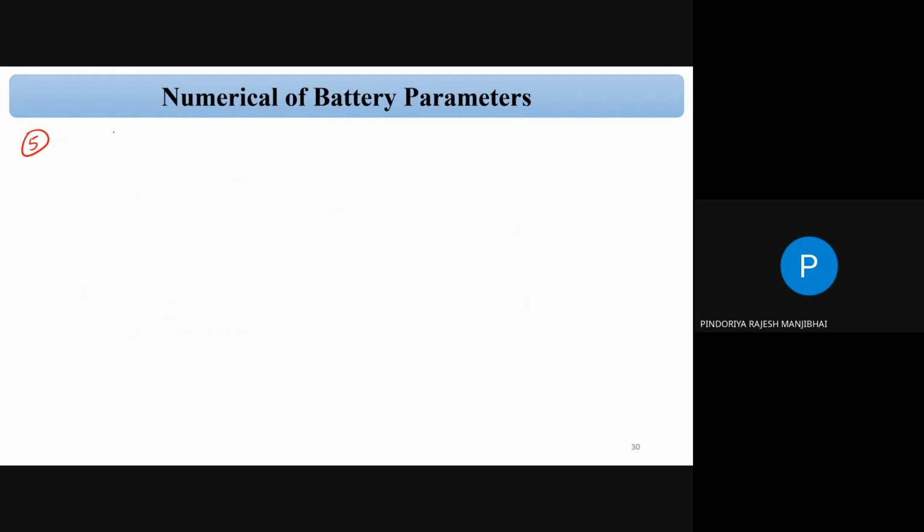What is the total internal resistance of the pack? Any idea? Per string in the series.